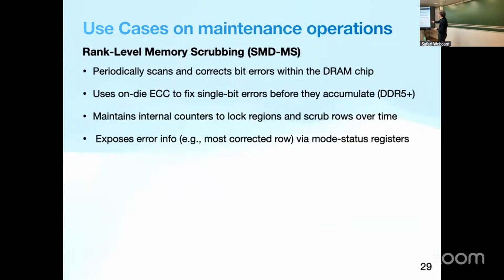And rank level memory scrubbing just performs ECC or error correcting code on any potentially corrupted addresses or rows. And this implementation would use something similar to what was implemented in DDR5. So it would use something that's already implemented.